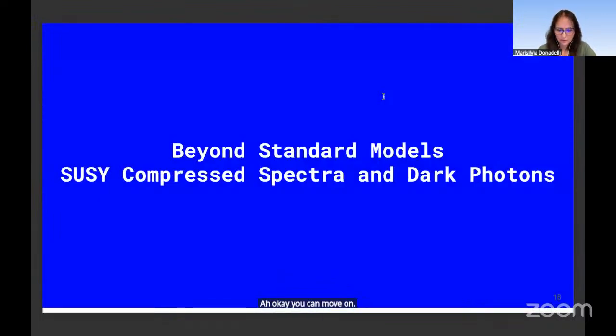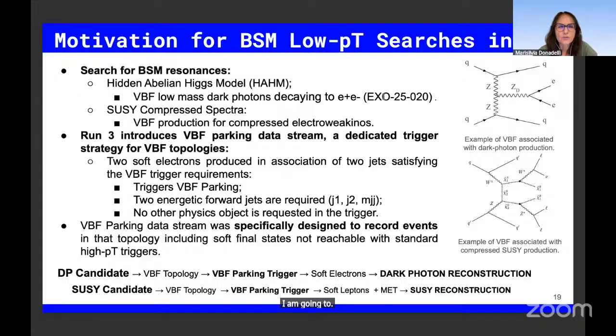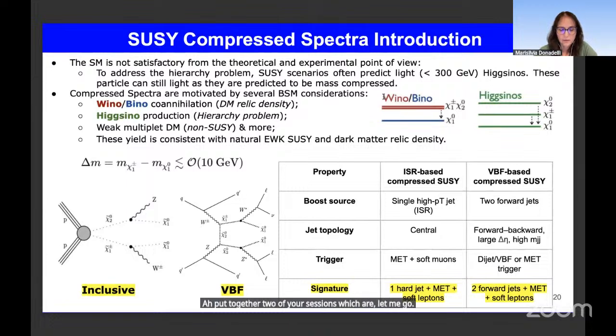Now for these models, I essentially put here a couple of questions regarding the experimental strategy. I am going to put together two of your sections, sections 5.1 and 5.2.